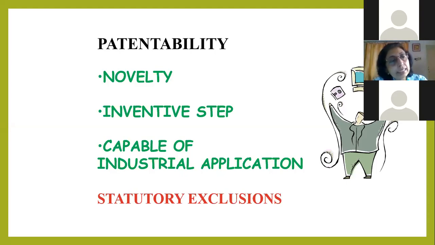Because the lawmakers realized that at that point of time, when India was in a formative state after independence, they were not so capable of making such inventions which also meet the criteria of inventive step. So this came in later.